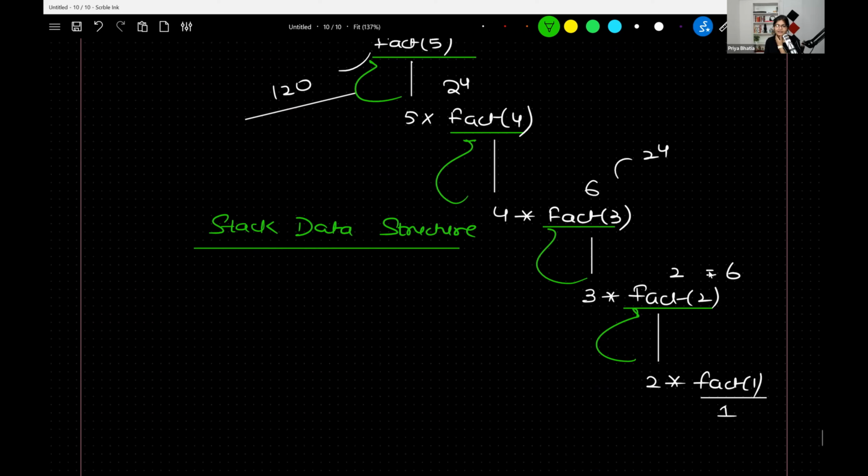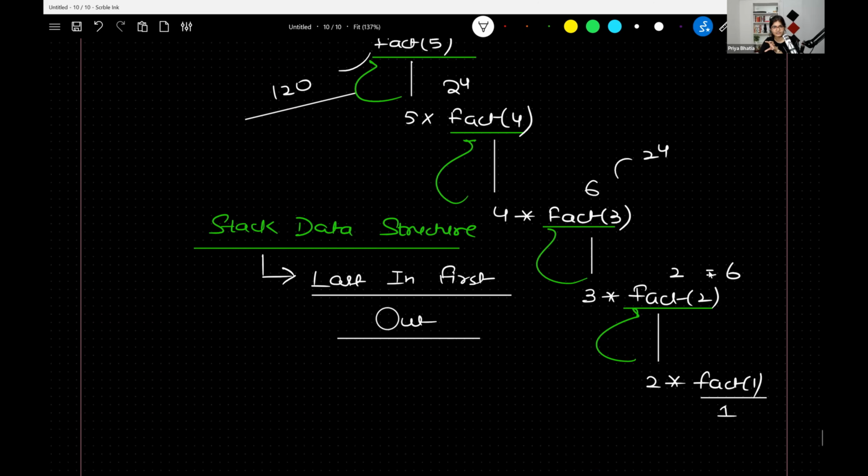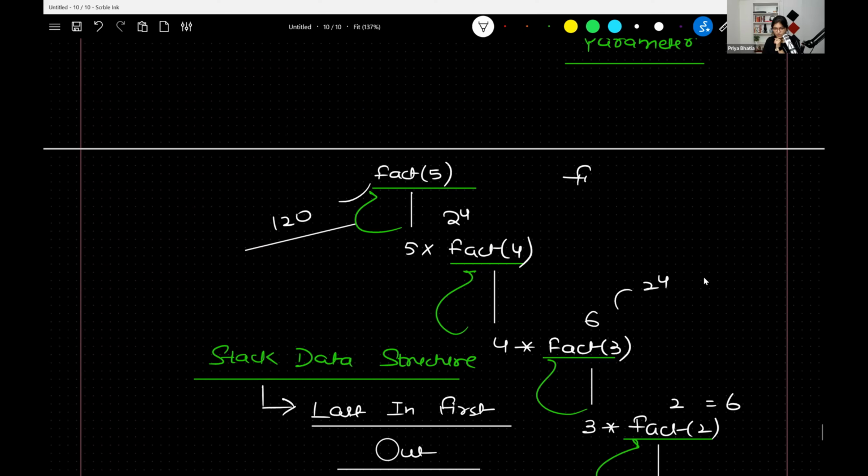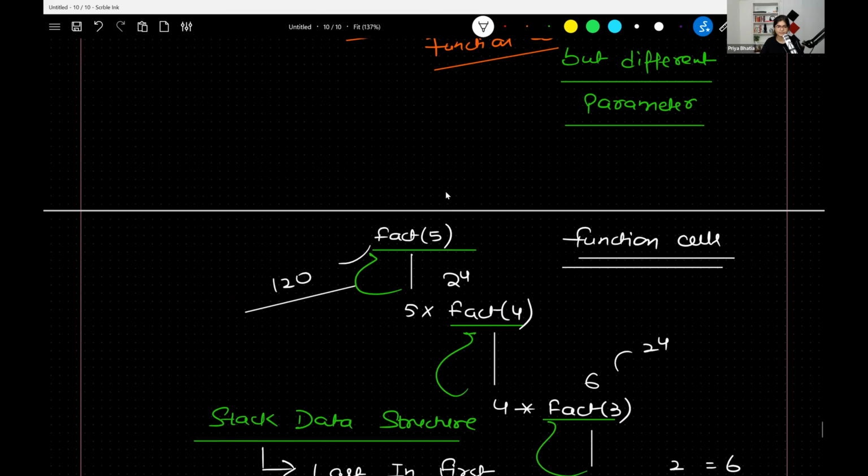What is a stack? Stack is a data structure which implements a LIFO kind of implementation. Last in, first out. So whichever function call goes in at the very last, that will come out at the very first. So all these function calls which we are making are stored in a stack-based data structure.